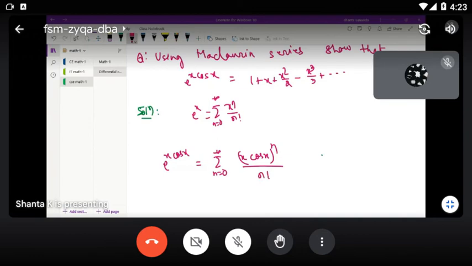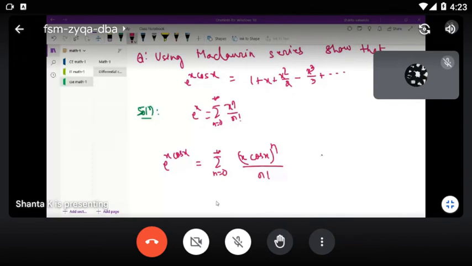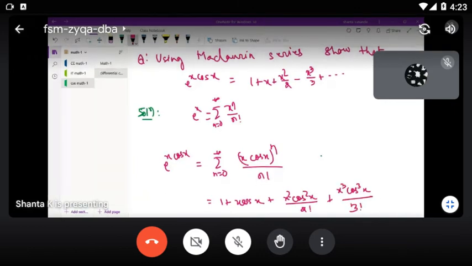So here you have to use also the series of cos x. If you open this one, it will be 1 plus x cos x plus x square cos square x by 2 factorial plus x cube cos cube x by 3 factorial. So this is how you will proceed.